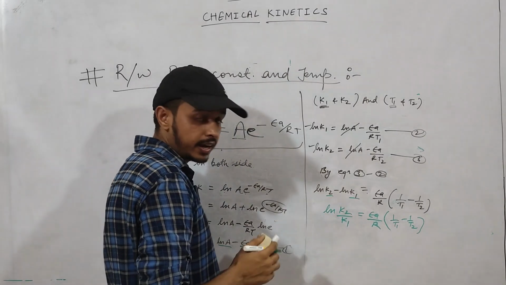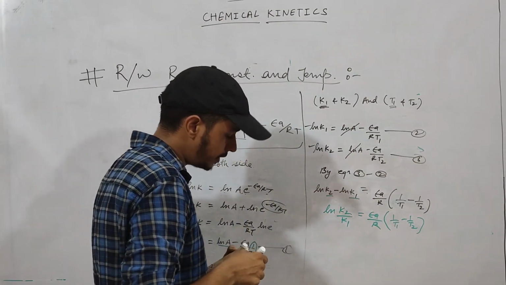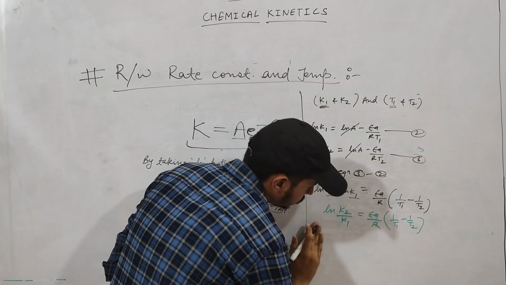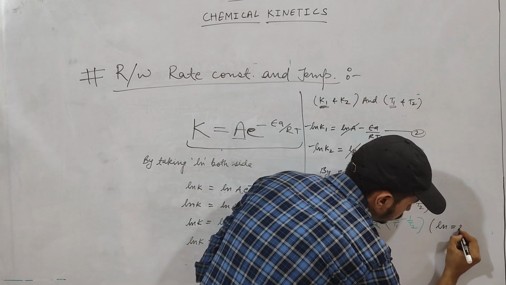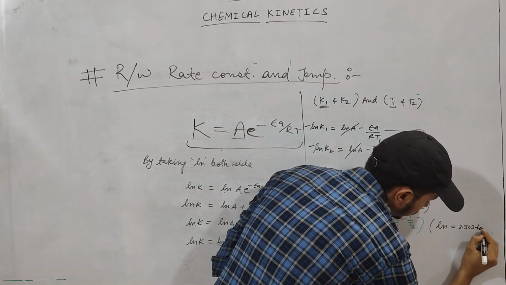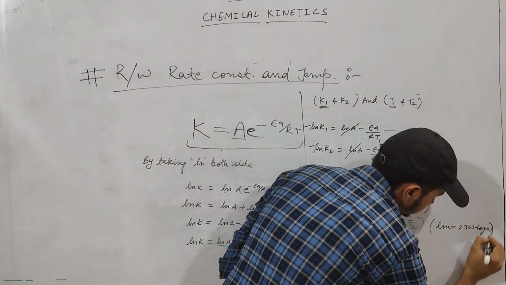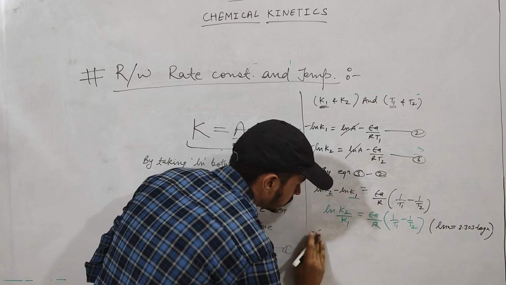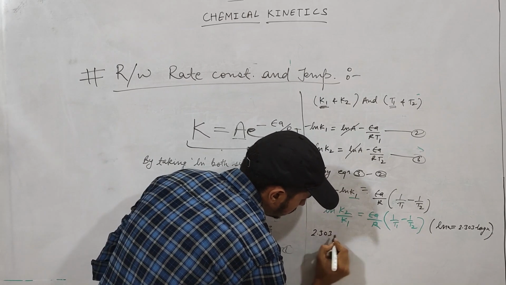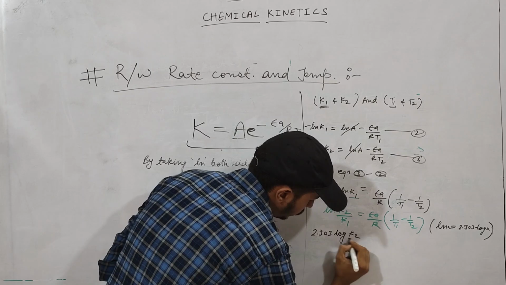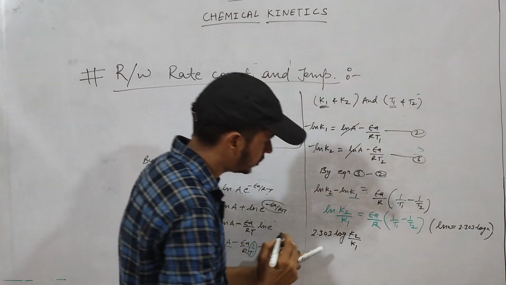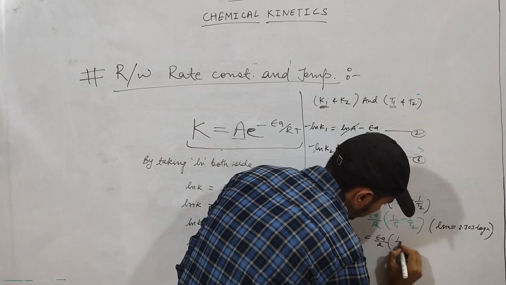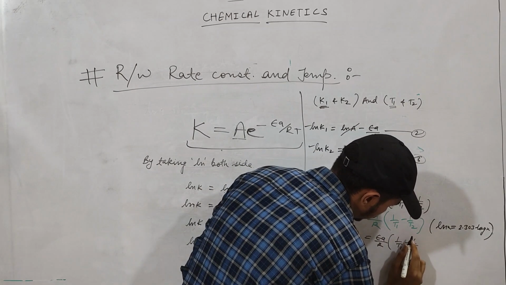Now we can write ln in terms of log. ln is equals to 2.303 log. So using this property, we will write 2.303 log k2 upon k1, and this term will be used the same, Ea upon R, 1 upon T1 minus 1 upon T2.